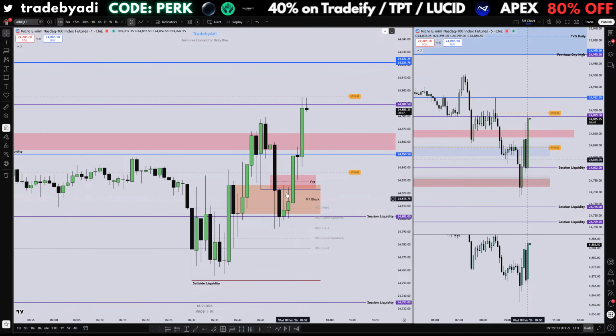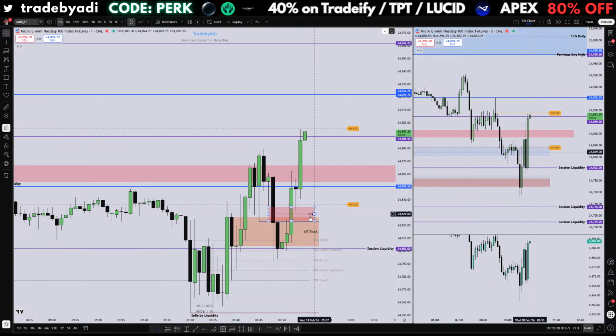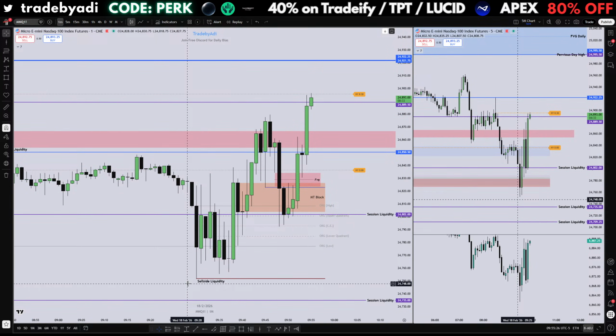And we were also checking how this fair value gap is going to react. I'm not predicting that we are tapping to this and going bearish. We have this idea, we do have this sell side liquidity.